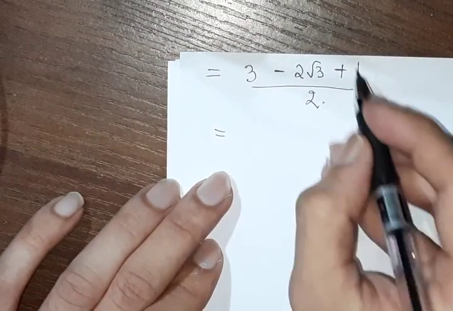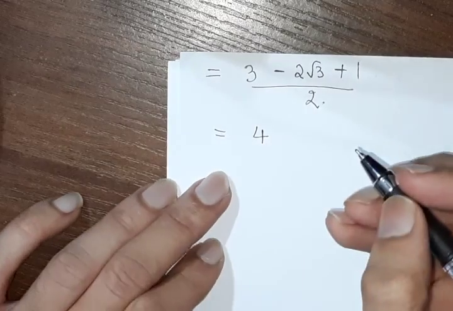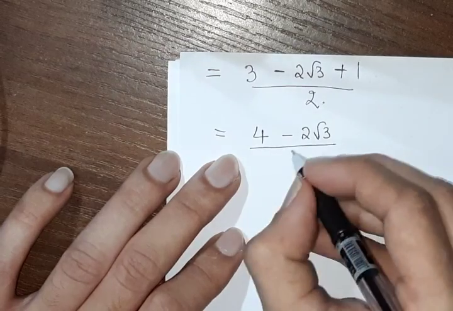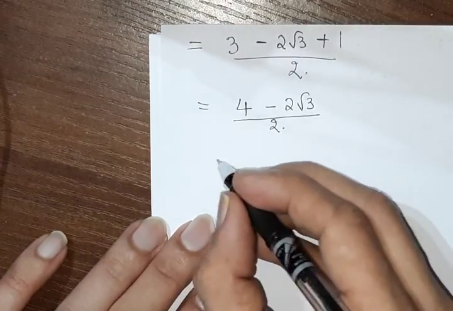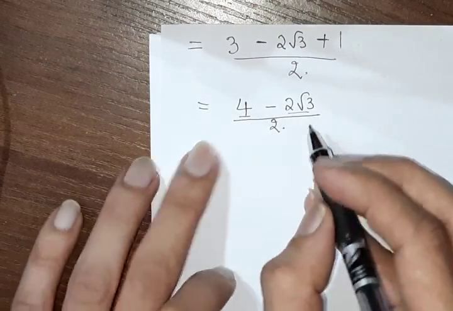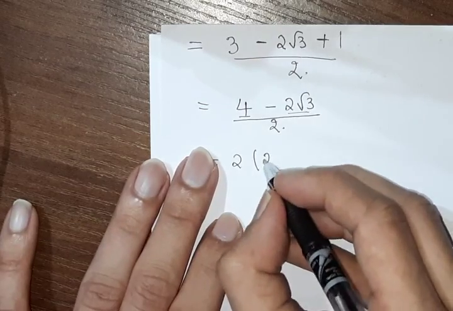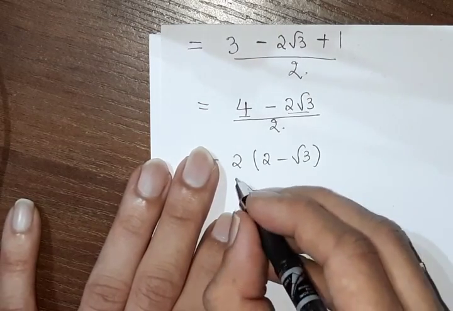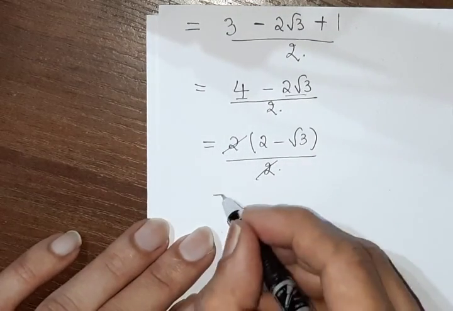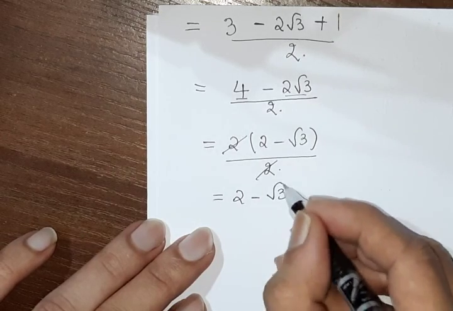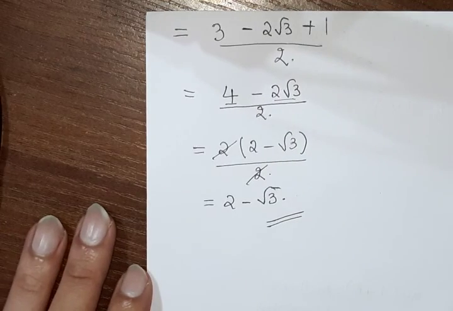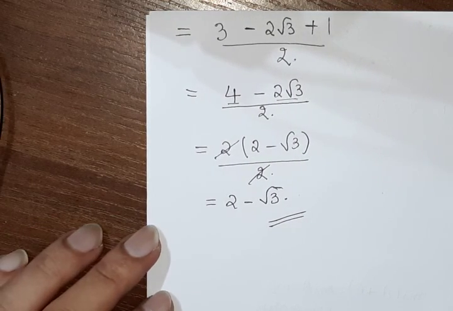Now this is equal to what? 3 plus 1 is 4, minus 2 root 3, divided by 2, right? Now you can take 2 common from this term and this term. So 2 times (2 minus root 3) you will get, divided by 2. So 2 and 2 get cancelled here. You will get 2 minus root 3. So this is the answer of problem 2 of 5.